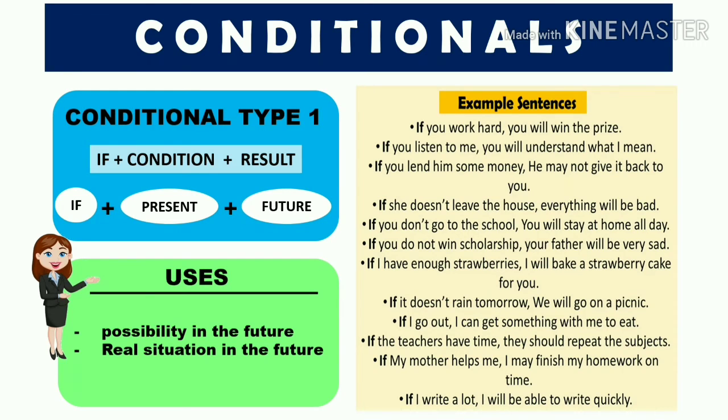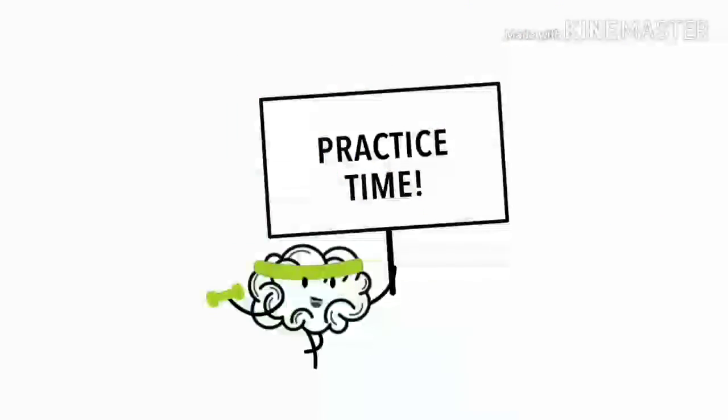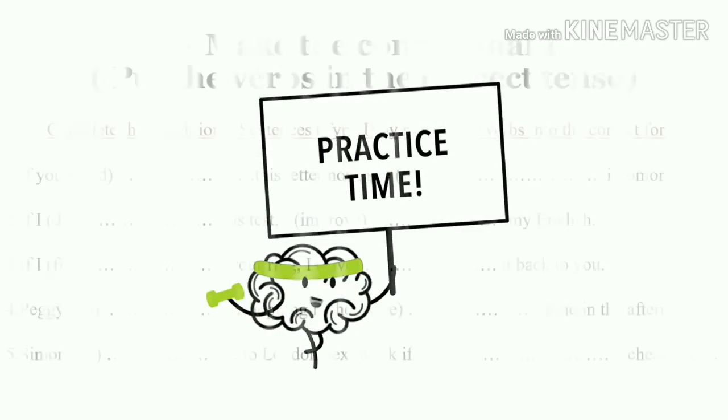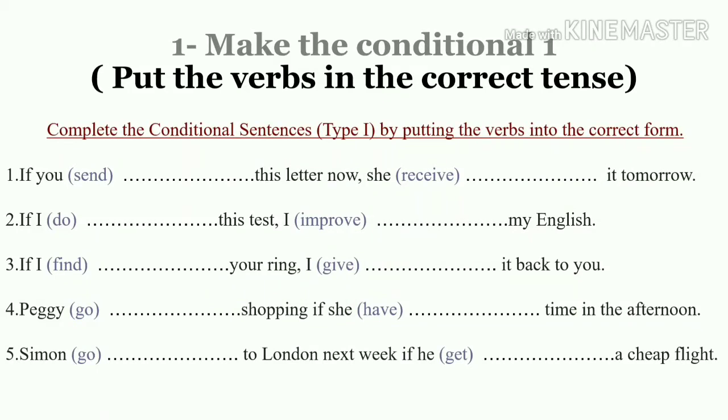Okay, these are examples of conditional type 1, and as you can notice, they are all composed of if plus present plus future. Practice time. Now, can you make the conditionals? Put the verbs in the correct tense. Complete the conditional sentences type 1 by putting the verbs into the correct form.